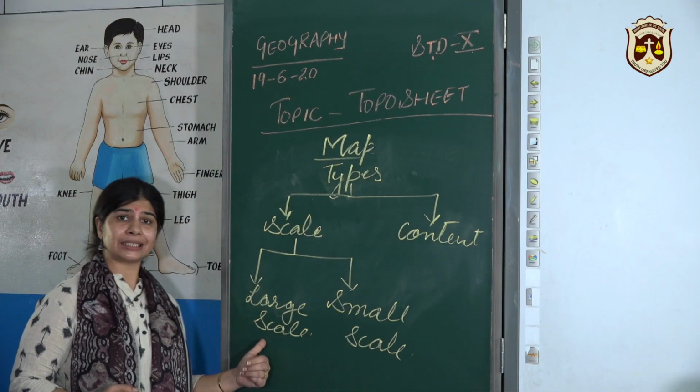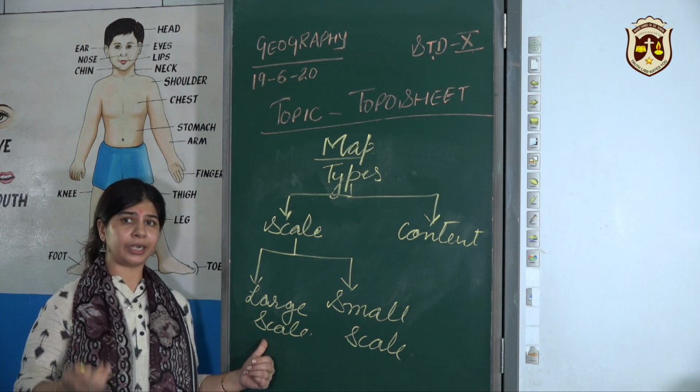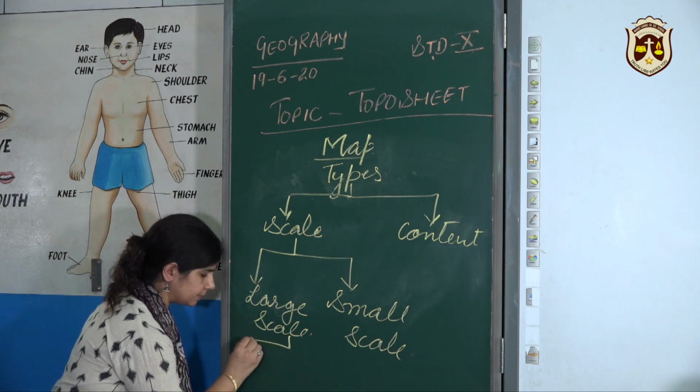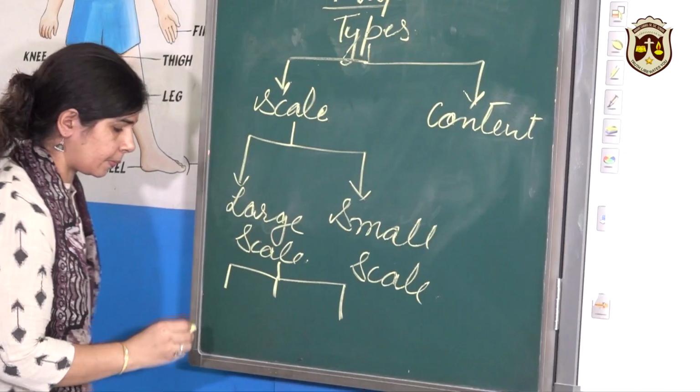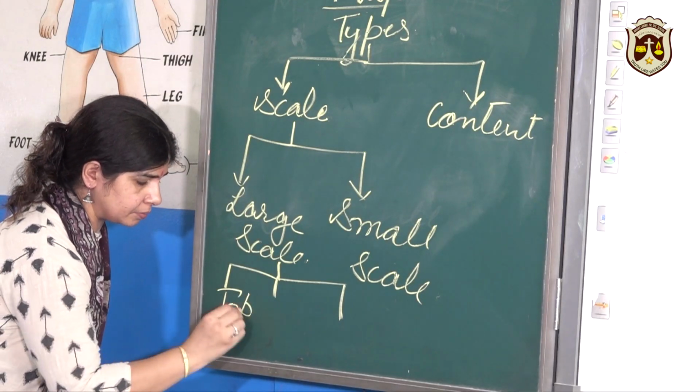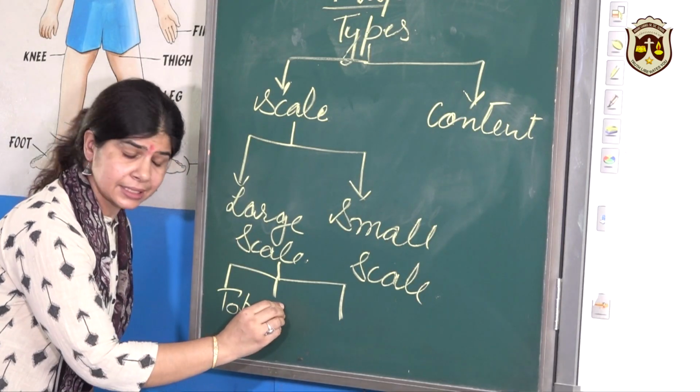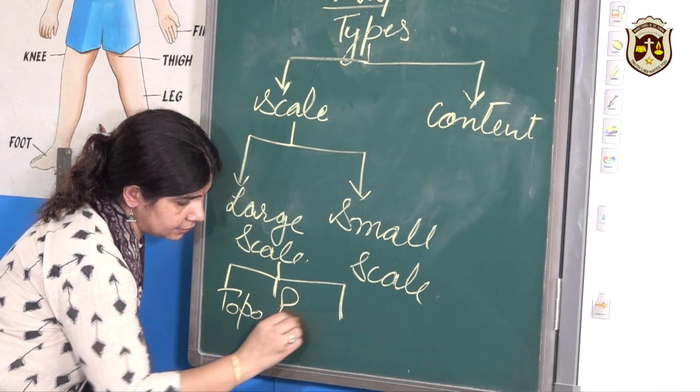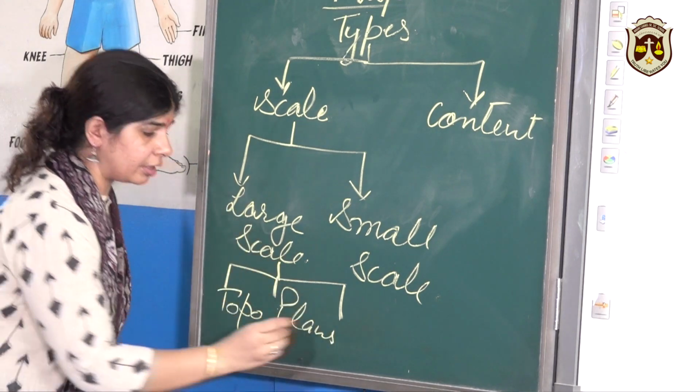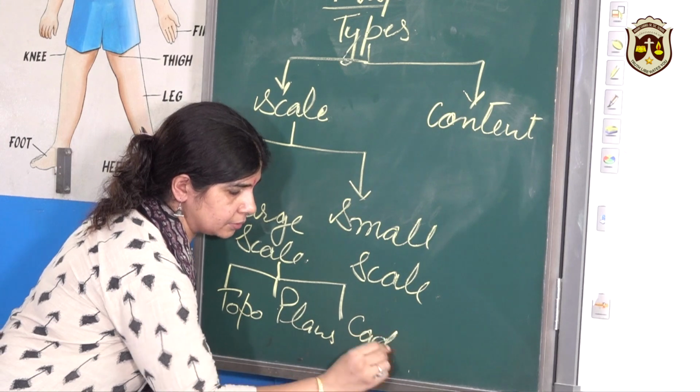Large scale maps again have different types. First is topographical maps, second is plans, and third is cadastral maps.